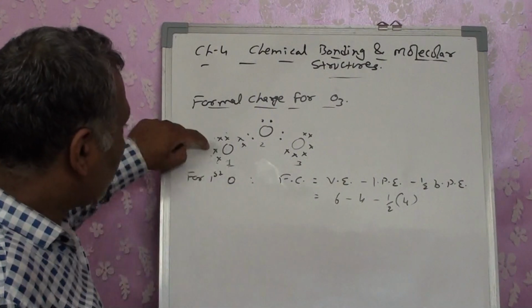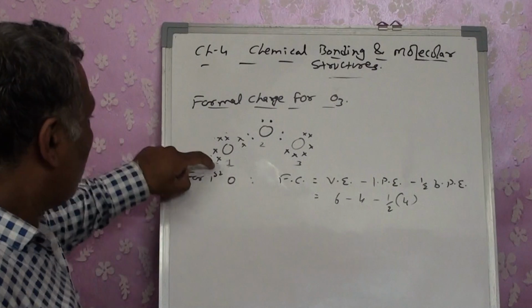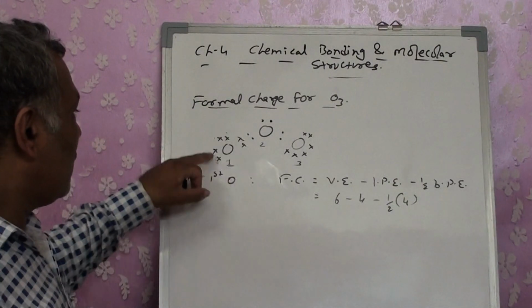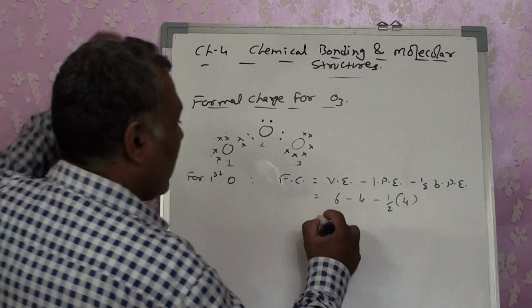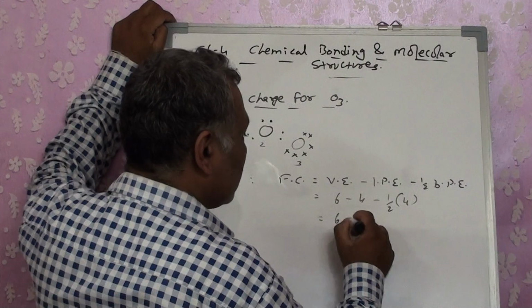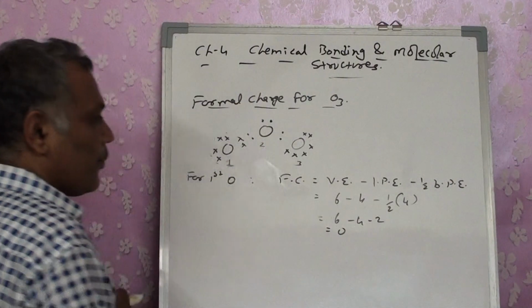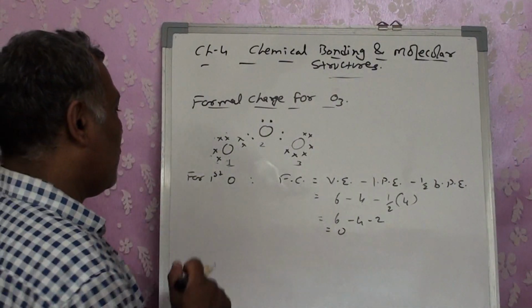Of this oxygen atom, 4 are bonded and 4 are lone pair electrons. The total valence electrons of this oxygen are 6. So if we calculate, 6 minus 4 minus 2 equals 0. So the formal charge of this oxygen is 0.